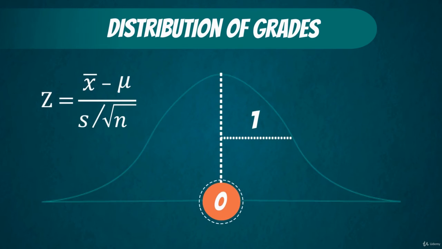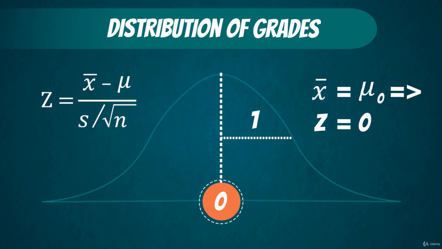We are standardizing or scaling the sample mean we got. If the sample mean is close enough to the hypothesized mean, then z will be close to 0. Otherwise, it will be far away from it. Naturally, if the sample mean is exactly equal to the hypothesized mean, z will be 0. In all these cases, we would accept the null hypothesis.